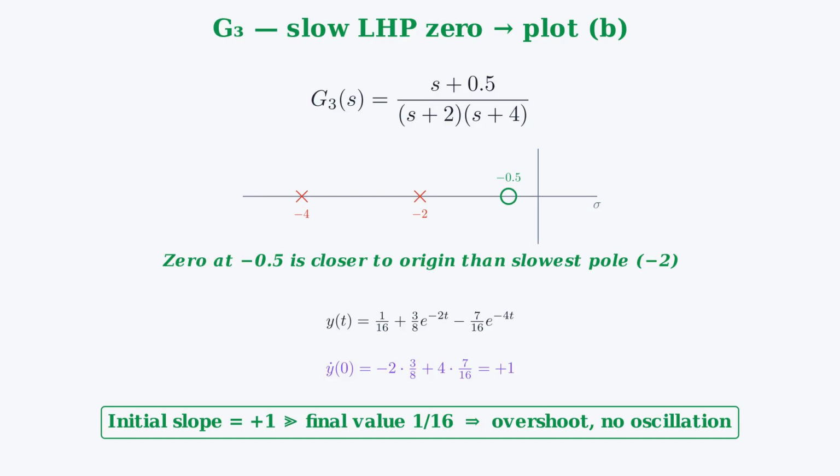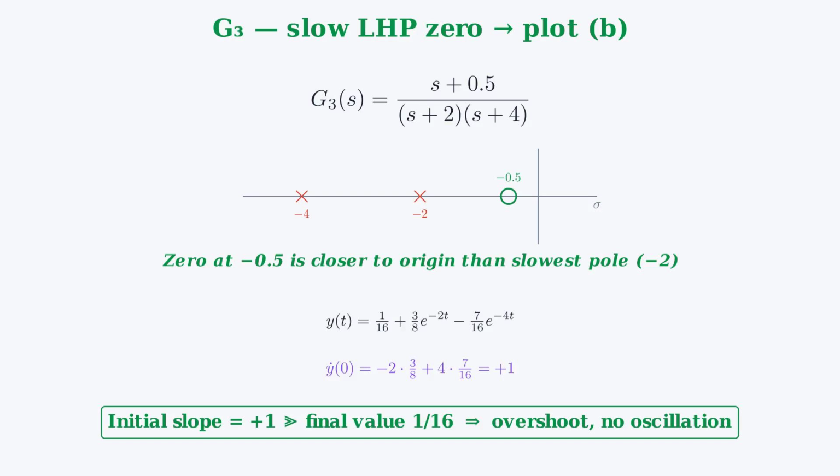To see this, expand the partial fractions of the step response. Y of s equals (s plus 0.5) divided by s times (s plus 2) times (s plus 4), which decomposes into A over s plus B over (s plus 2) plus C over (s plus 4). Solve. A equals 1/16, B equals 3/8, C equals -7/16.